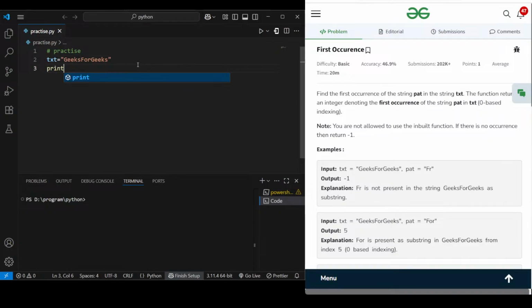Let's print this one. Print txt. Let's see what is going to print here. Yeah, it prints gigs for gigs.